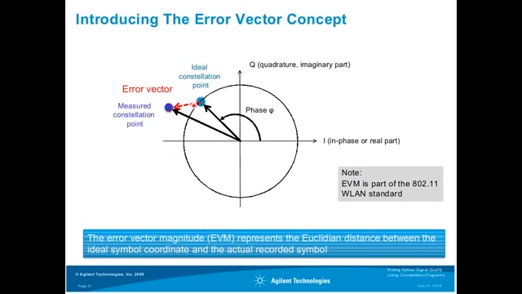So we have here an error vector, which is described by the Euclidean distance between the symbol coordinate and the actual recorded or measured coordinate. For example, the error vector magnitude is part of the 802.11 WLAN standard. So this is just an indication that this is a very well-known concept in the RF world.